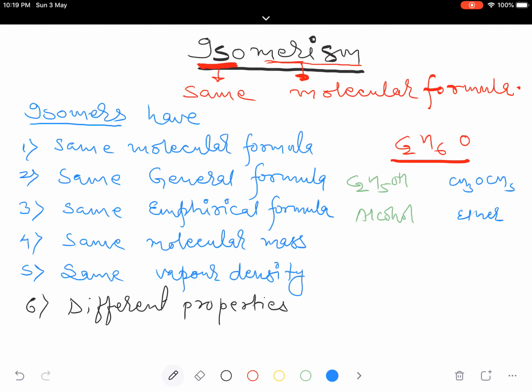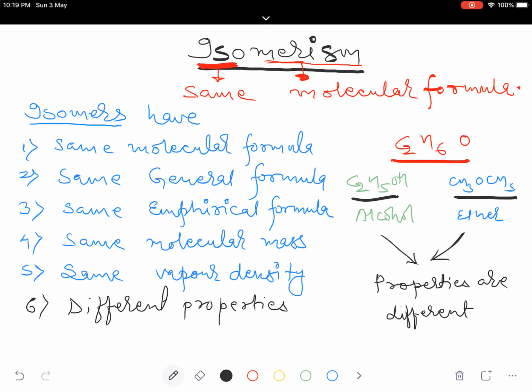Now these two different compounds have the same molecular formula, same general formula, same empirical formula, molecular masses are same, vapor density is same, but their properties are different. Isn't that right? So these two compounds, this ethyl alcohol and this ether, we can say these two are isomers to each other. Any confusion, any doubt?